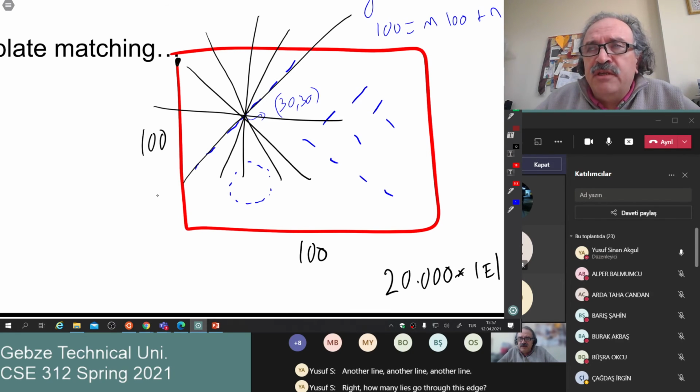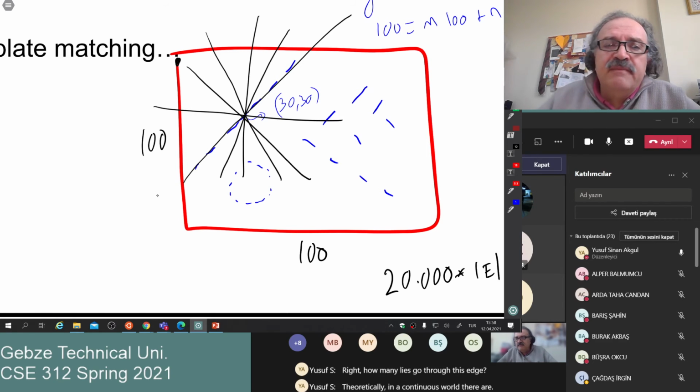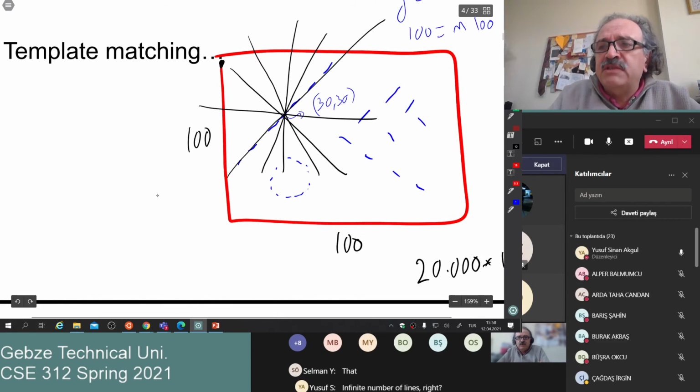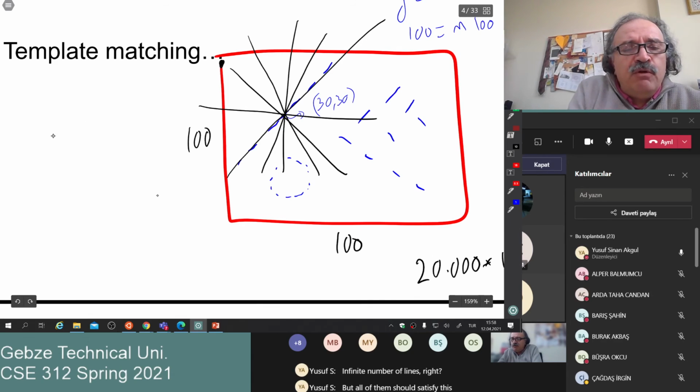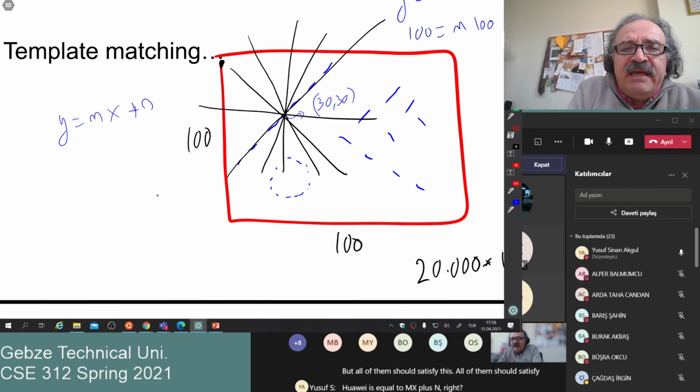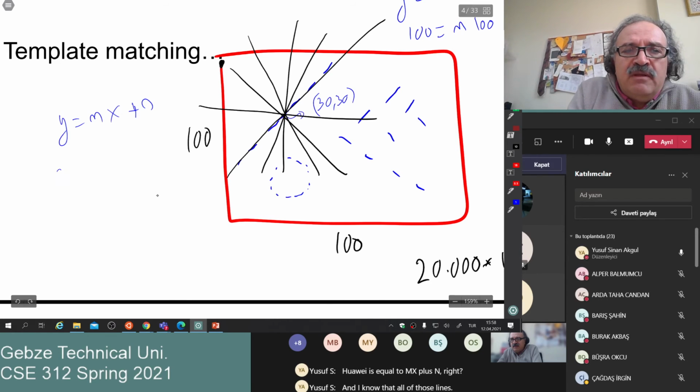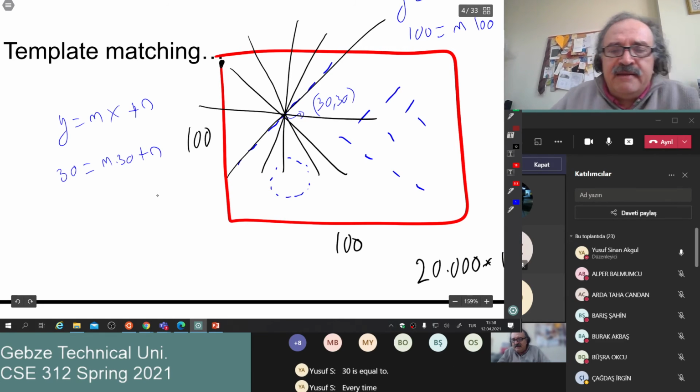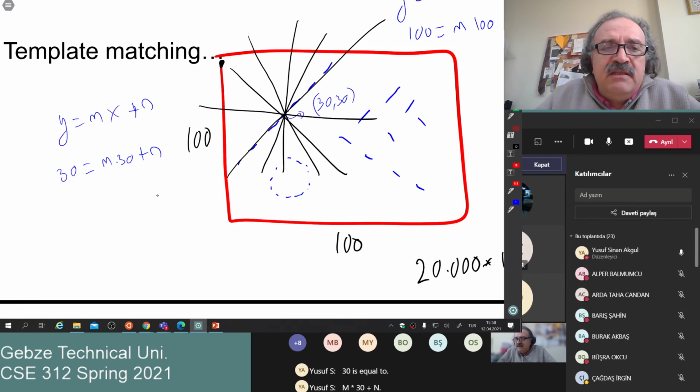Theoretically, in a continuous world, there are an infinite number of lines, right? But all of them should satisfy y equals mx plus n, right? And I know that on all of those lines, 30 is equal to m times 30 plus n, right?